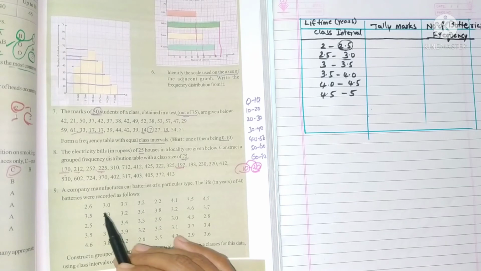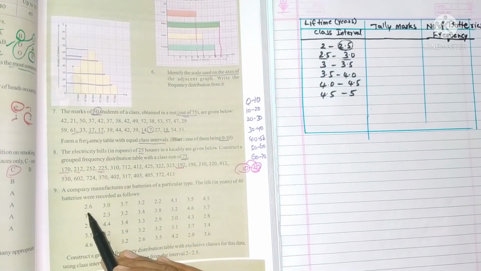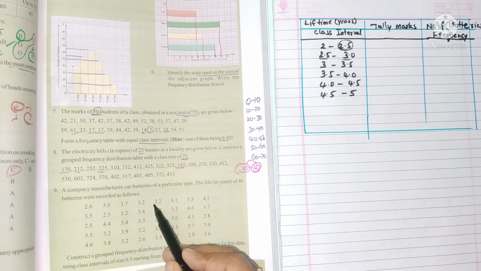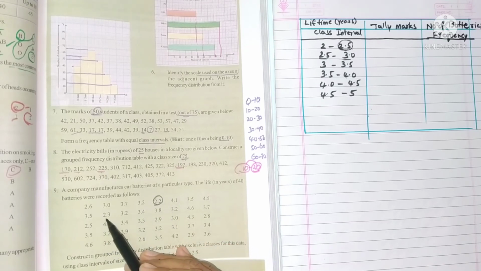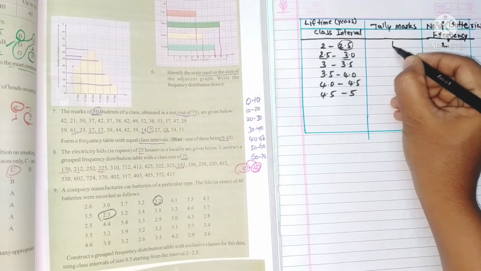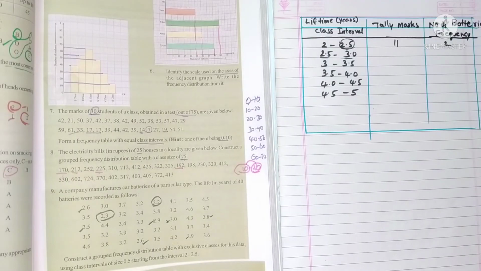How many values are there between 2 to 2.5? Just as in the previous problems, we want to count this. This is 1 and 2, 2.2 and 2.3. There are no other values. So 2. Okay. Next interval, 2.5 to 3. See, 1 and 2, 3. 3 don't count here, in the next class interval.